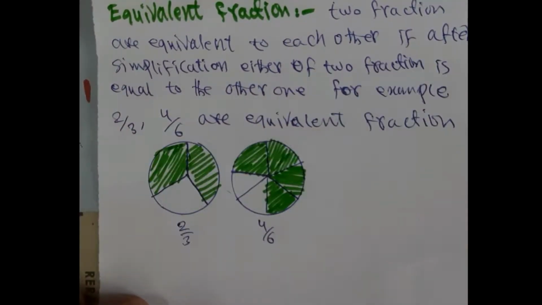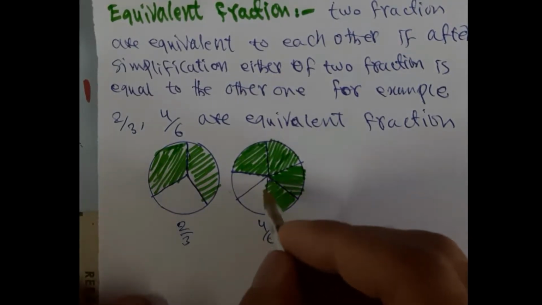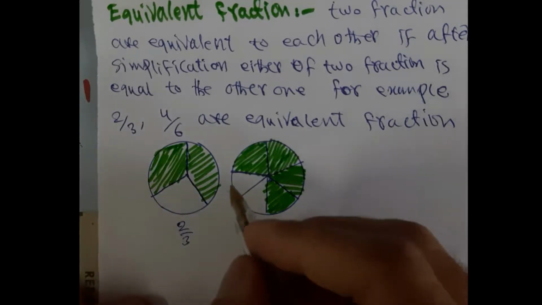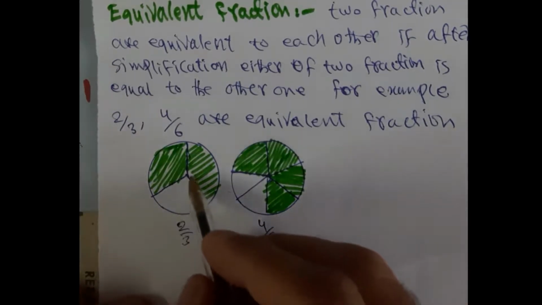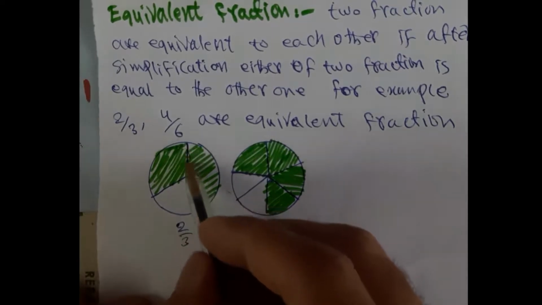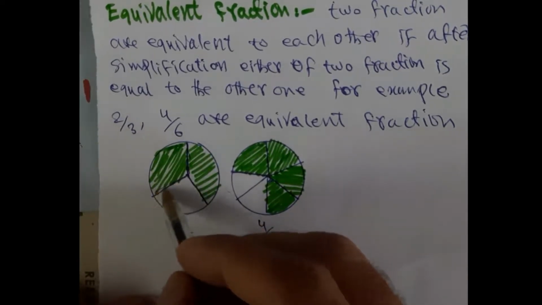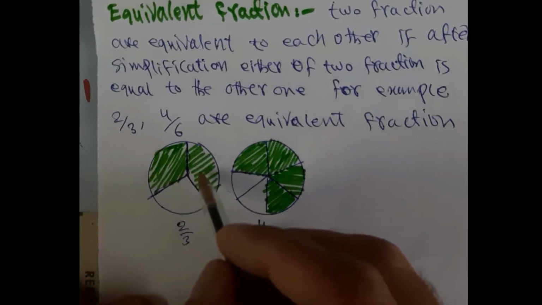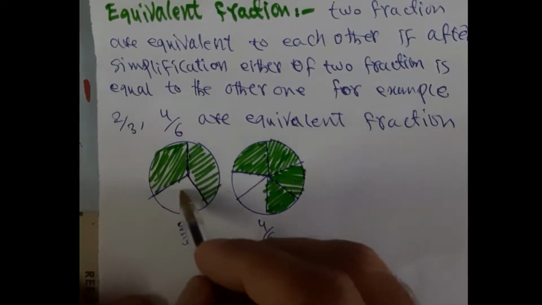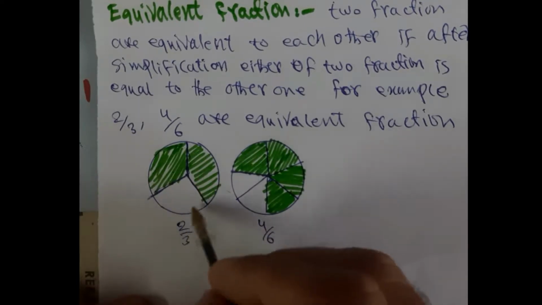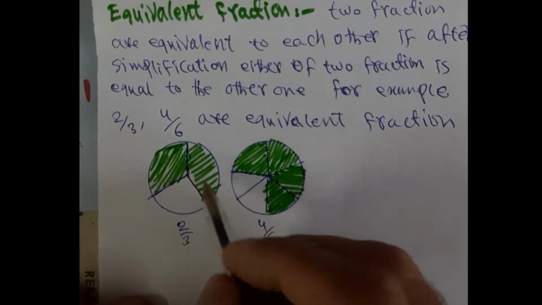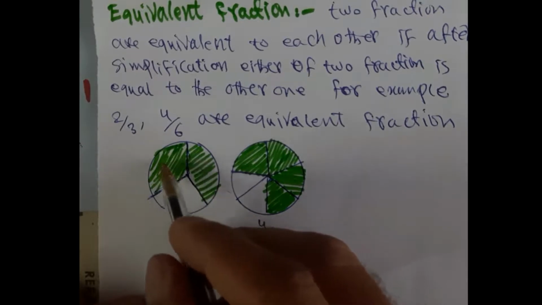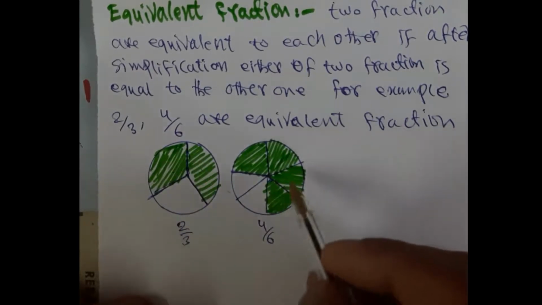Here we show these two fractions in geometric figures. See, here we have one whole circle. We divided it into three parts, 1 2 3, and from 3 parts we took 2 parts, 1 2. Actually it is the quantity which we take.